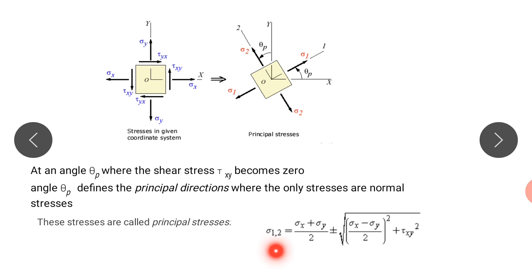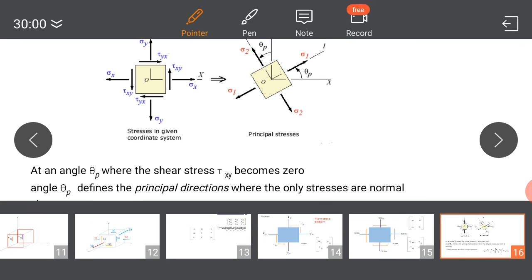So here maximum principal stress and minimum principal stress are calculated using this formula. For maximum, the positive sign of this equation is to be considered, and for minimum, the negative sign. So sigma x plus sigma y divided by 2 minus this term will provide the minimum principal stress. If you add, it will provide the maximum principal stress.